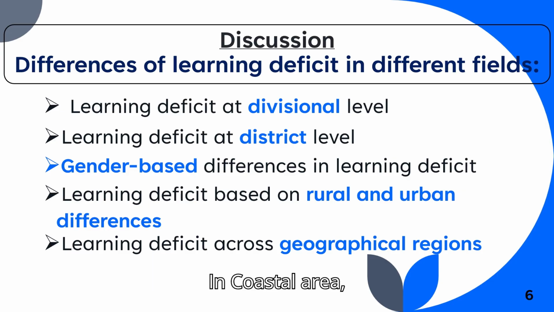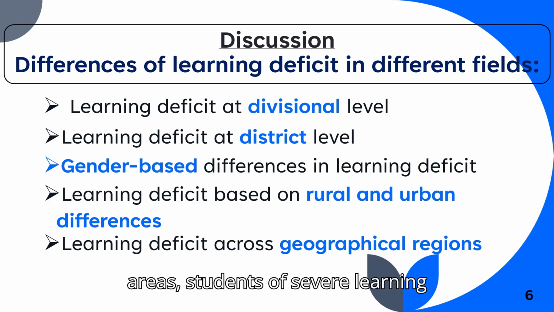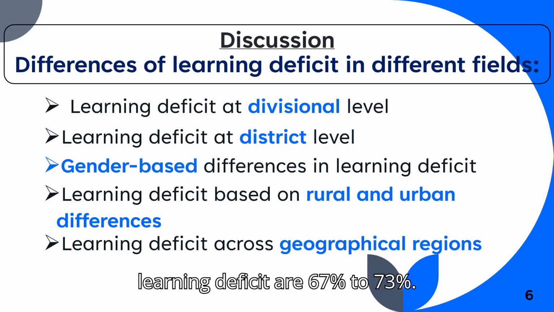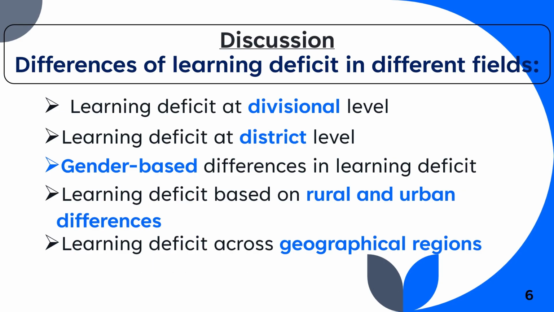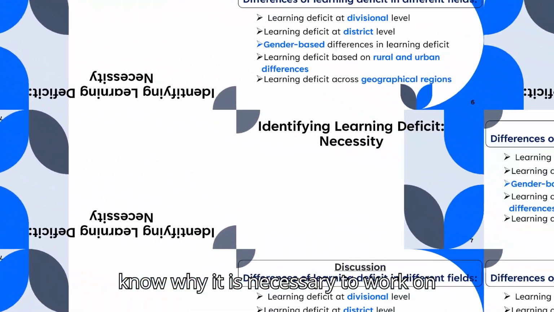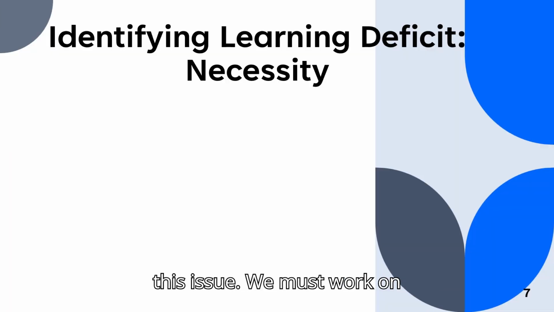In coastal areas, alluvial islands and wetland basin areas, students with severe learning deficit are 42% to 51%, and in hill tracts, students with severe learning deficit are 67% to 73%.